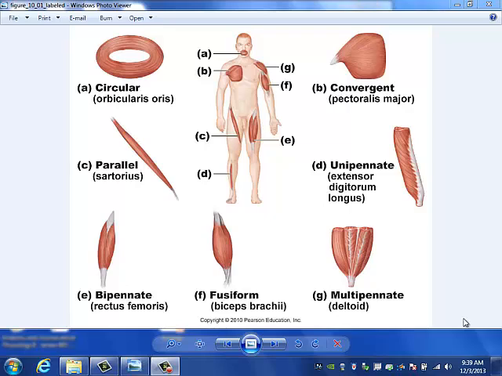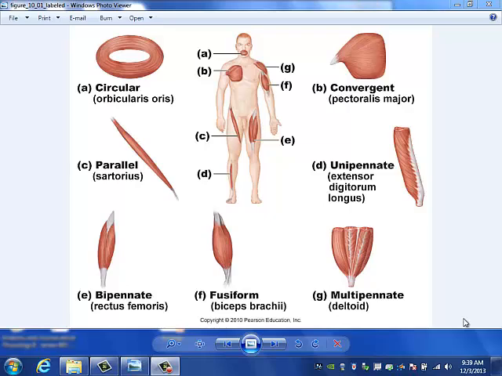Number of origins. What's an origin? These are two terms we need: origin and insertion. What's an origin? Where the muscle begins, the stationary attachment, the point where the muscle is attached where it doesn't really cause any movement. And the insertion is attached to something it's going to do what?